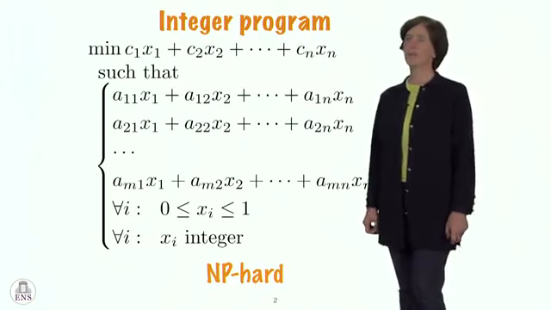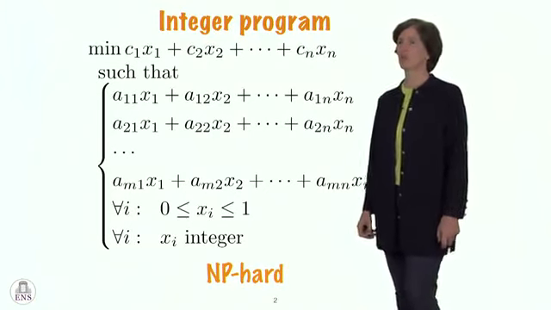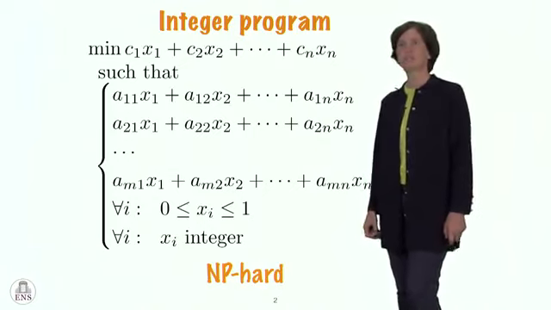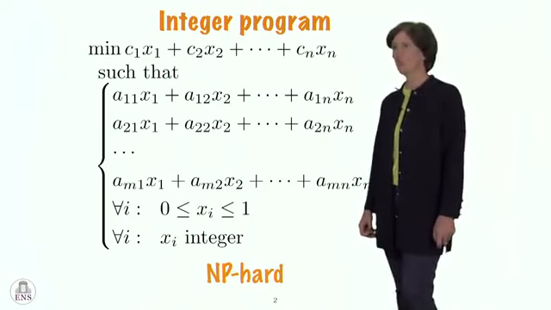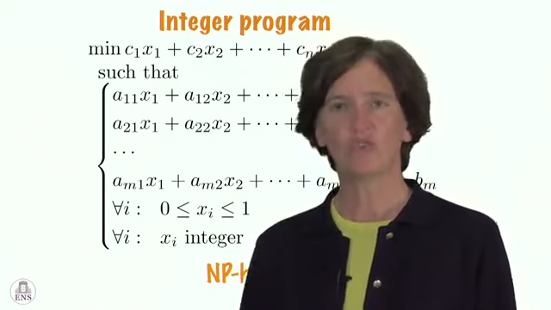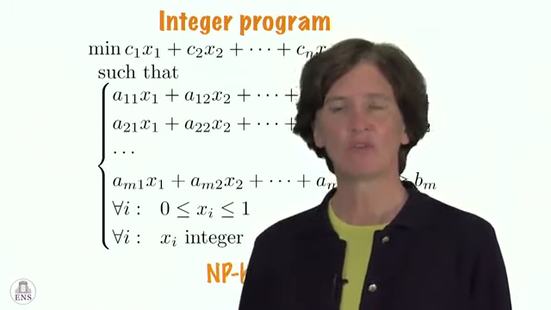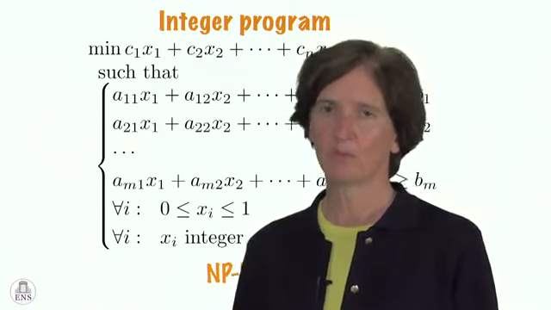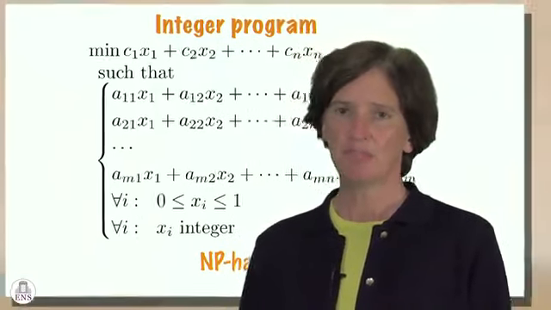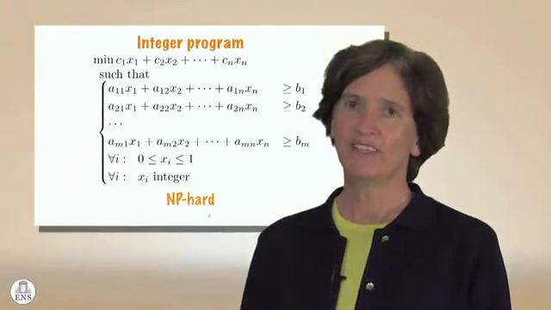Why then are people so interested in integer programs? Because they provide inspiration, they provide initial tools to use to design better algorithms for related problems. In particular, let me show you a related linear program.